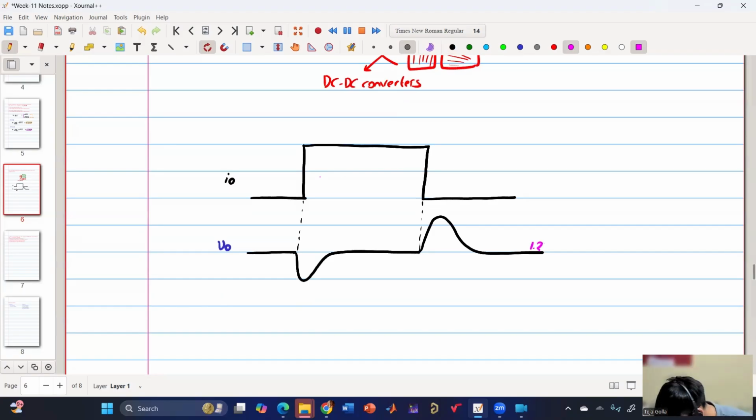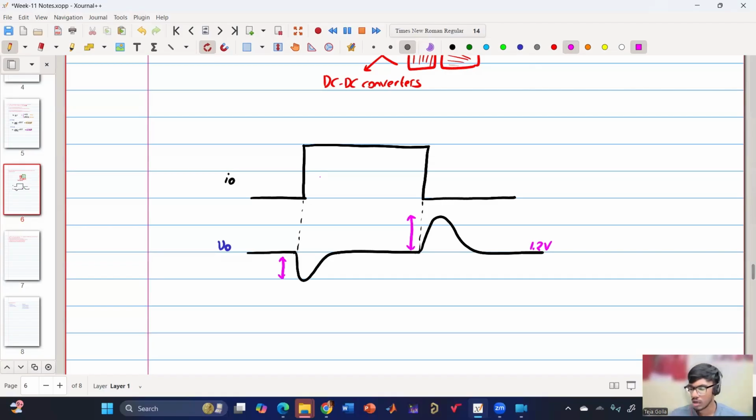Initially, when I'm not playing the game, the processor was sitting at 1.2 volt with very light load condition, supplying very negligible current for basic applications like the screen. Now I have opened the game. Now the processing is at its maximum. The phone has to process a lot of things as I'm playing the game. The current requirement was huge, but my controller must ensure the voltage comes back to 1.2 volt. So depending upon load step up and step down, there is voltage undershoot as well as voltage overshoot.